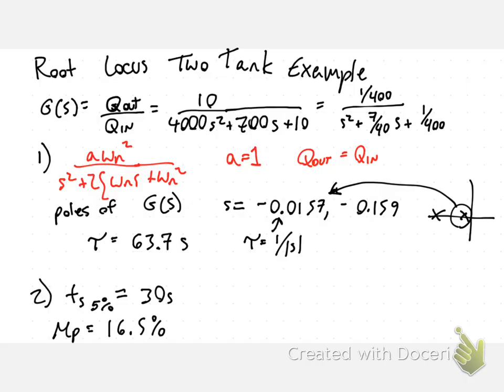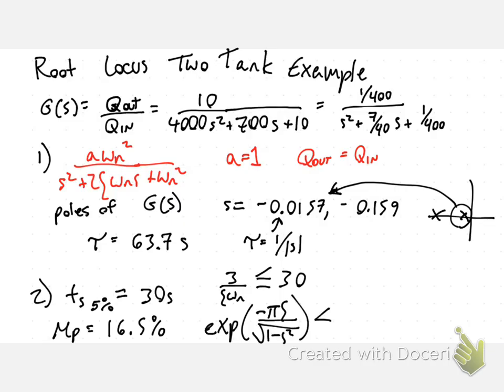So if we do that, we're going to say that 3 over zeta omega n should be less than or equal to 30 seconds, because that'll be our settling time. We will say that our percent overshoot, which is going to be the exponential of negative pi zeta over the square root of 1 minus zeta squared, times 100%, should be less than or equal to 16.5%.